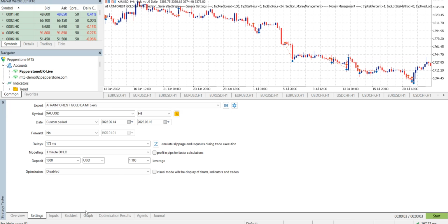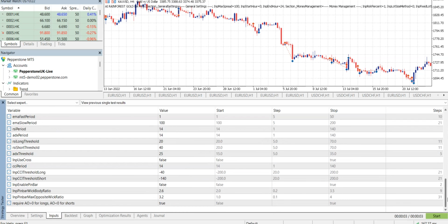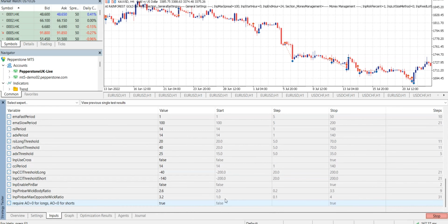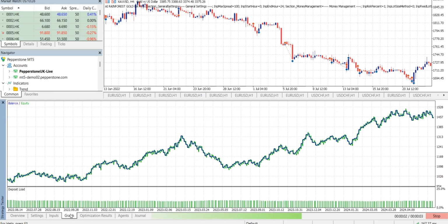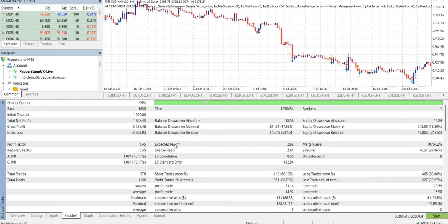So I want to run a test again with and without the awesome oscillator. Let's see. Okay, very interesting. What are our numbers? Alright, this has an edge over the market, that is clear.